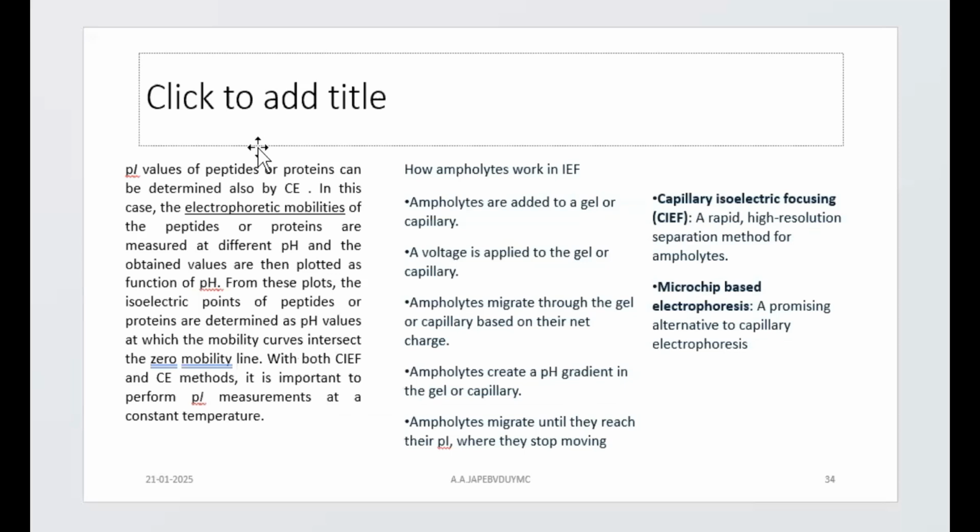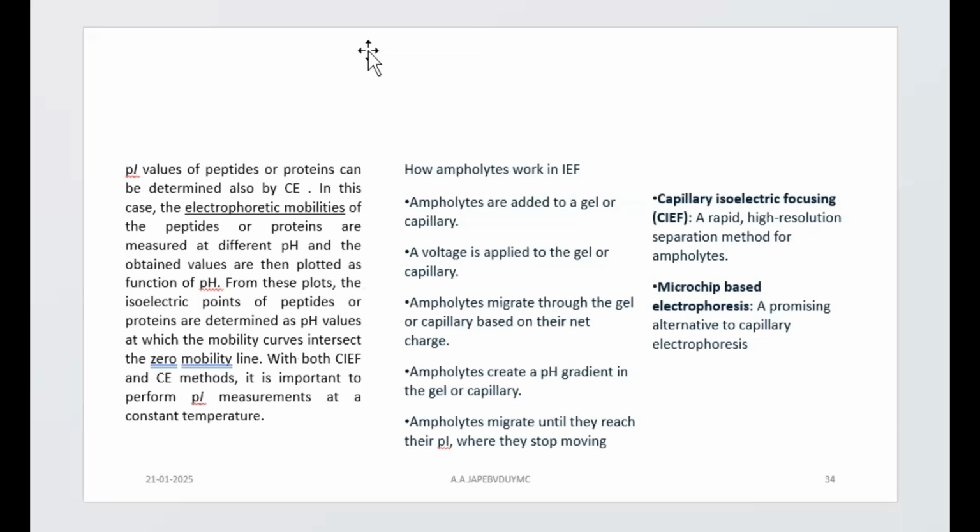Now, when I'm talking about the isoelectric focusing method, the pI value of peptides or proteins can be determined by capillary electrophoresis, right? In this case, the electrophoretic mobility of the protein or peptide is measured at different pH, and the obtained values are then plotted as a function of pH. So on one axis you have pH, and on the other axis the dependent variable is the mobility of the protein.